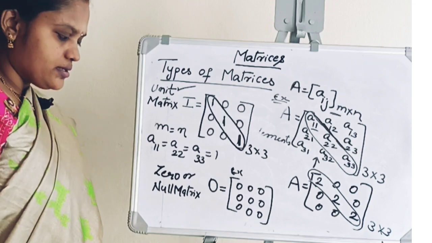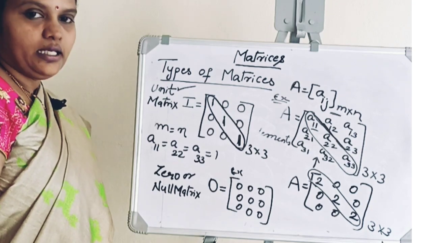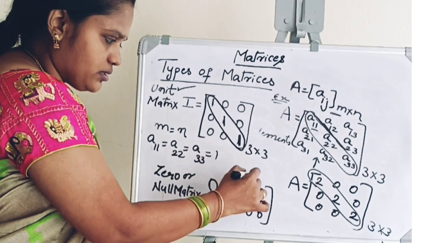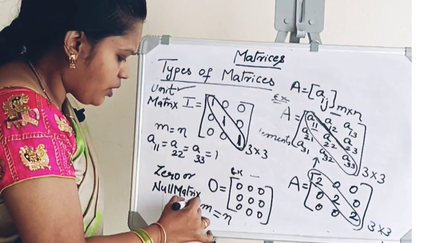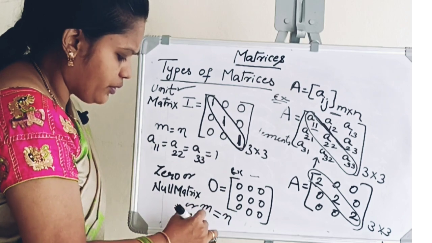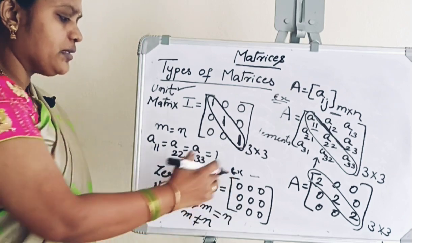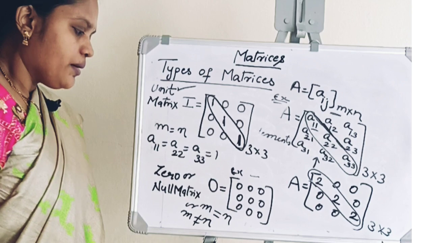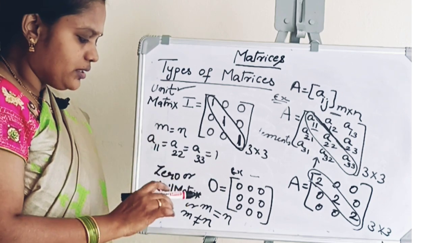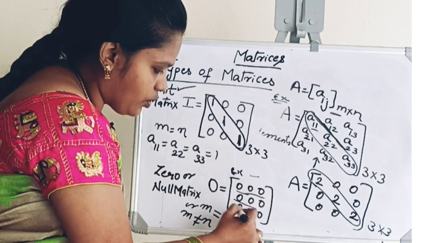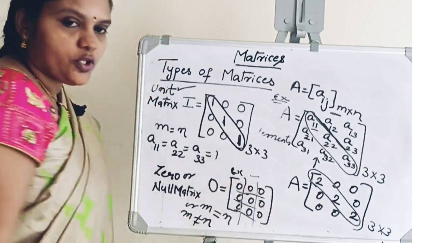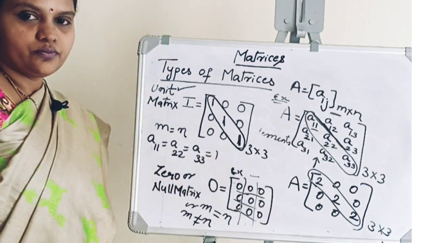Again, in a null matrix there is no necessity for m to be equal to n, or it may be m not equal to n also. It depends on the order. But the only condition is that all the entities should be equal to 0.